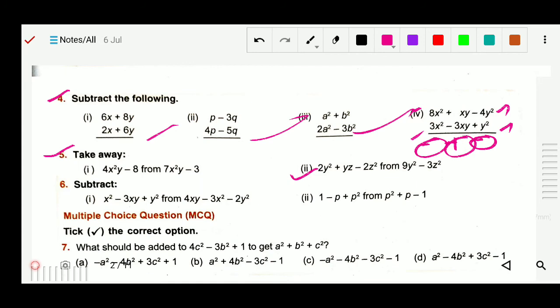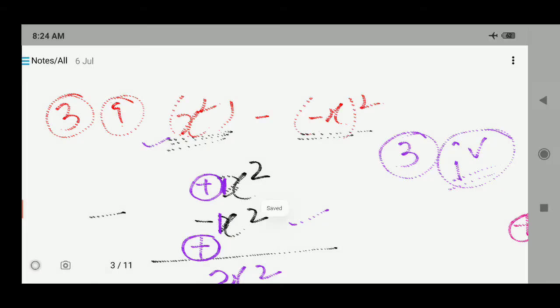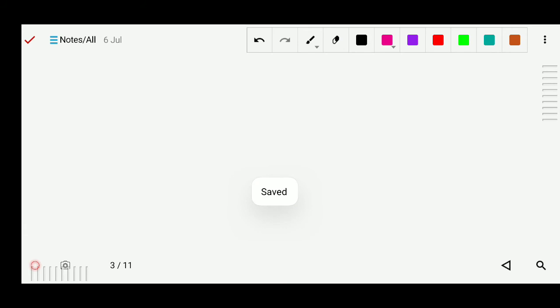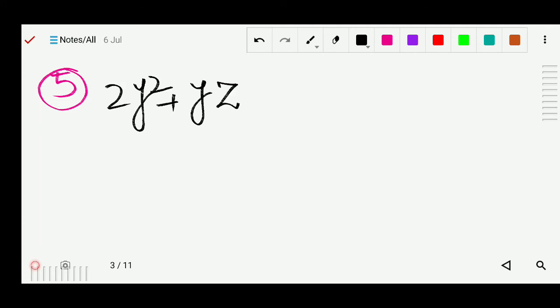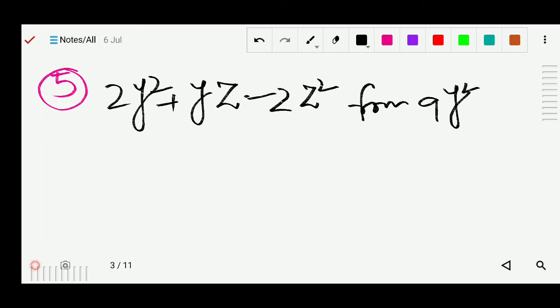Okay, first of all what we will do, we will write this, because we have to subtract from here, so this part will be your minuend part.